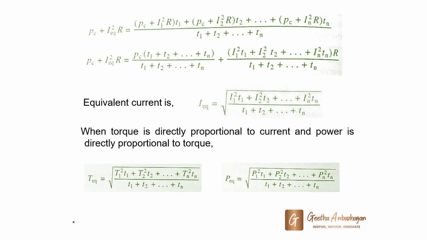For a fluctuating load consisting of n values of motor currents I1 till In for a duration of T1 till Tn respectively, the equivalent current I equal is given as such. After I equivalent is determined, a motor with the next higher current rating from commercially available ratings is selected. Then this rating is checked for its practical feasibility.